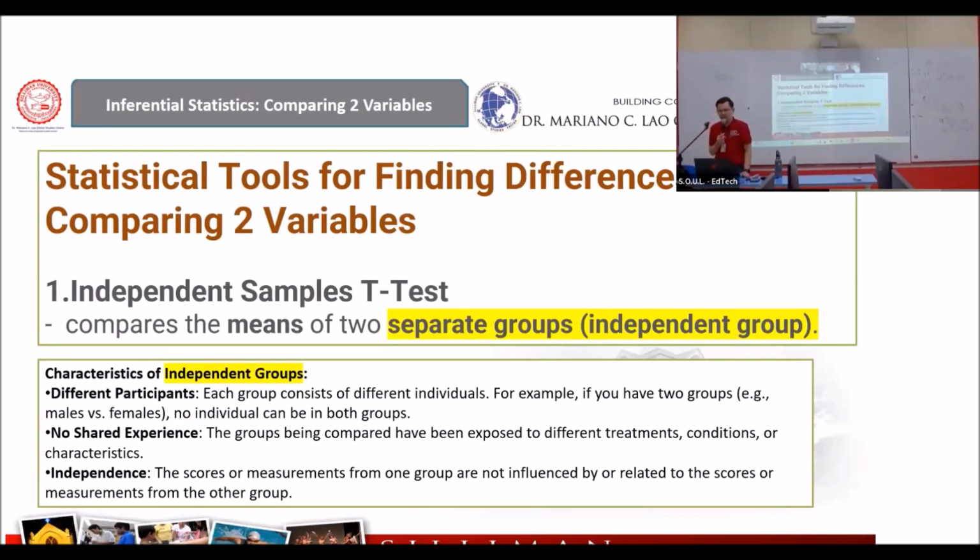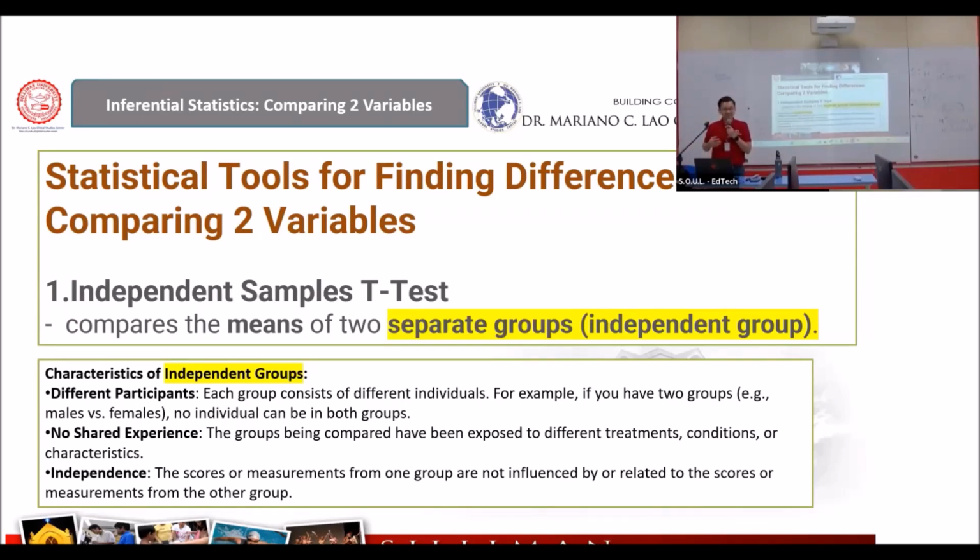The groups being compared have been exposed to different treatments. Say for example, I wanted to study if there is a difference in my discussion today between the in-person and the online. Two separate groups. One group is here, the other group is online. That is an independent group. No shared experience.